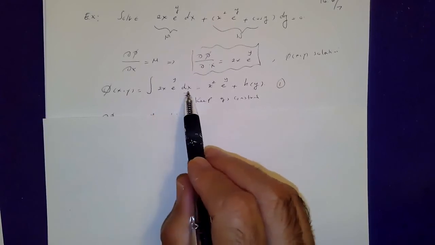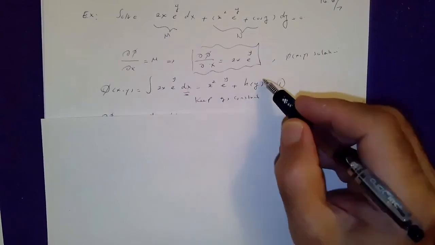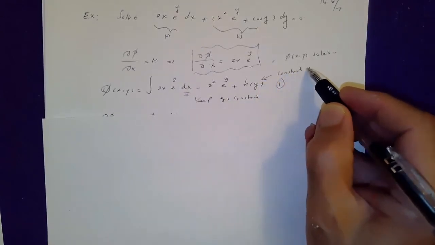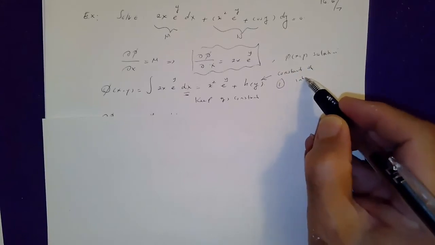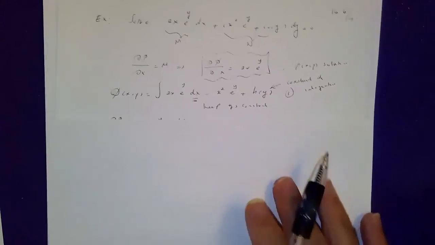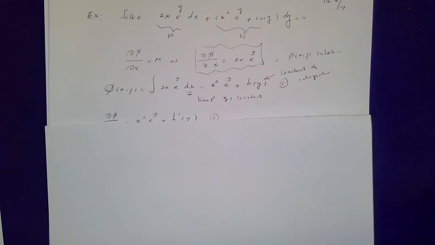the antiderivative of this guy with respect to x is x squared e to the y, but the constant of integration is not C anymore. Notice it's a function of y. Why is that? Because we kept y constant.